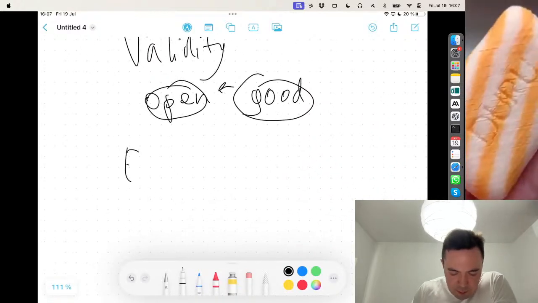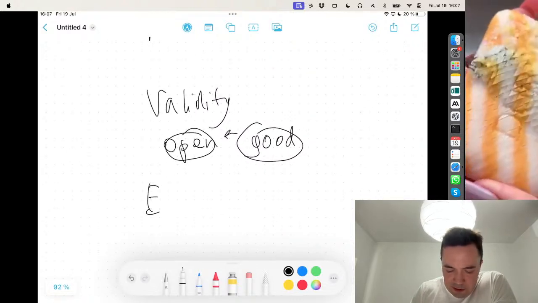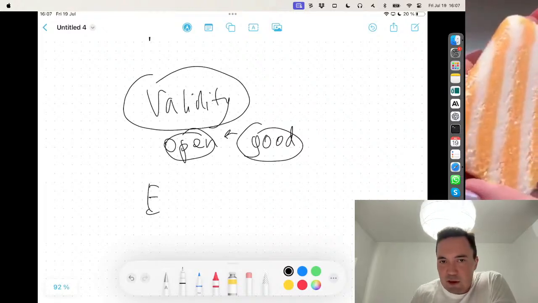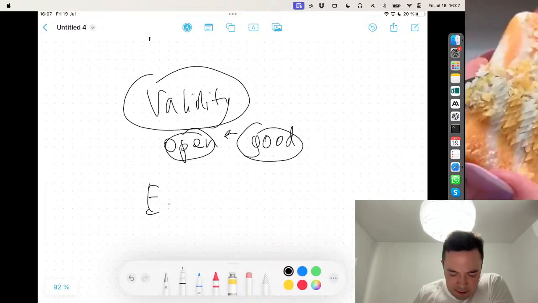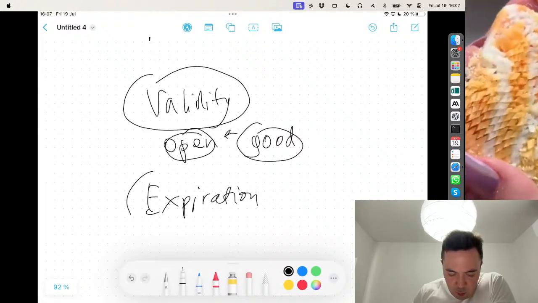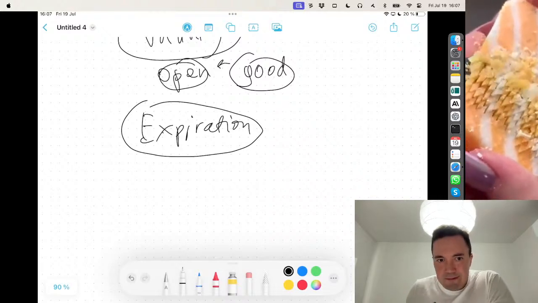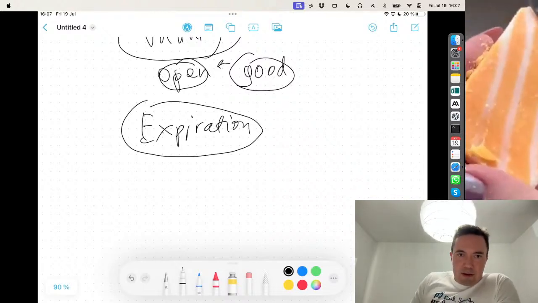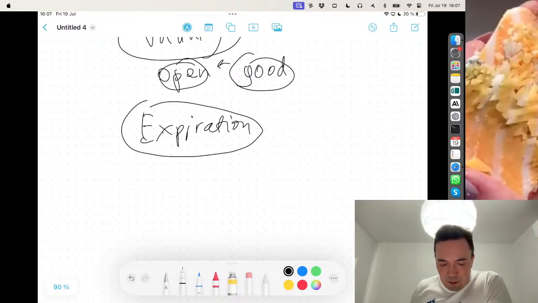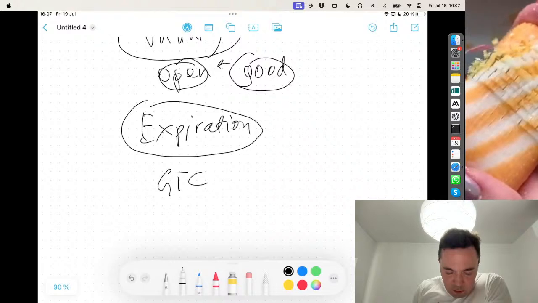And let's go for the expiration. Validity is when the order starts working, and expiration is the opposite. When do we want the order to stop working? The simplest case, I guess, is the GTC order.